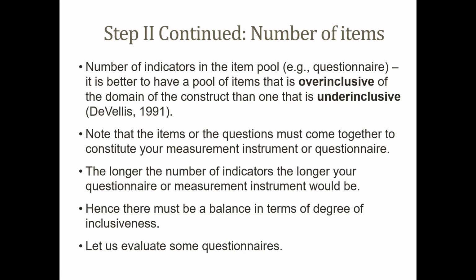So the more items you include in measuring each construct, the longer your questionnaire will become. Now, the longer your questionnaire, the more likelihood that people will reject or withdraw from participating in the study. The longer your questionnaire, the more likely that people will answer it haphazardly.